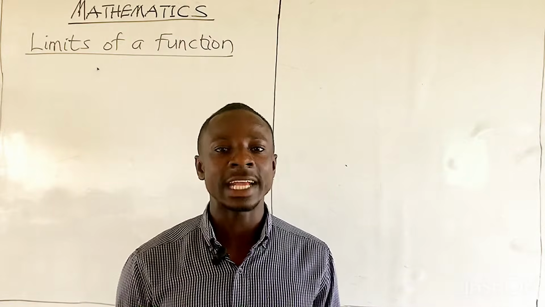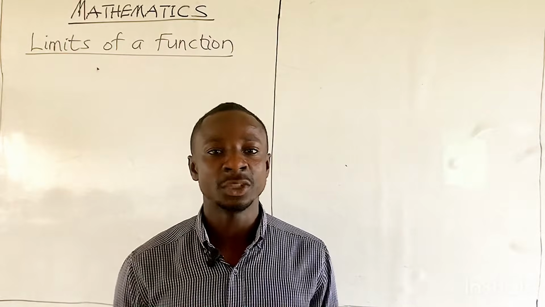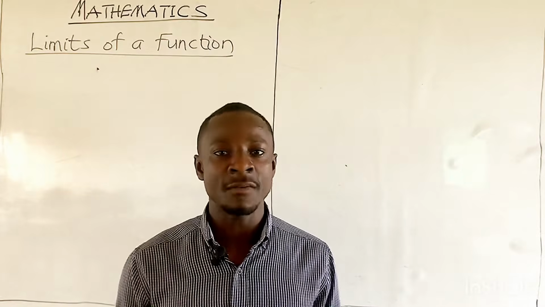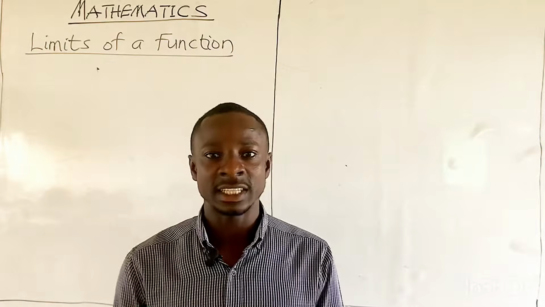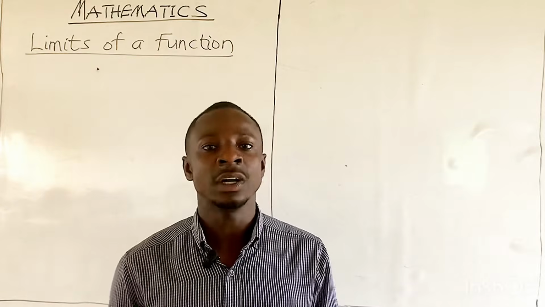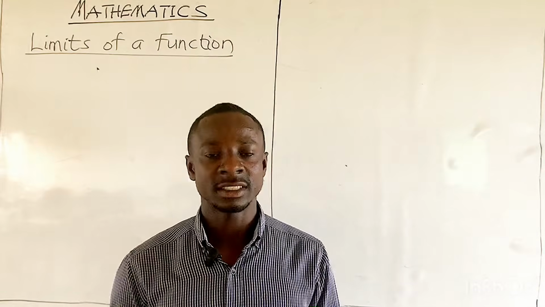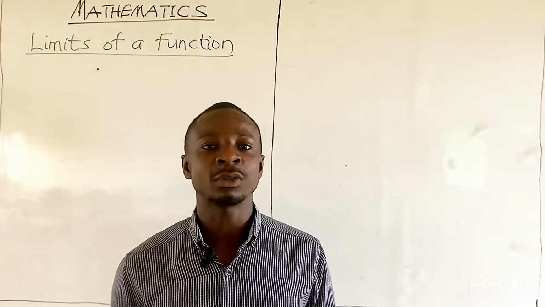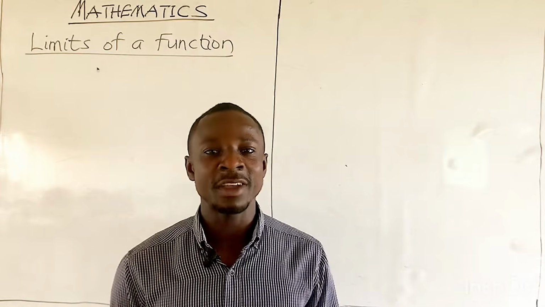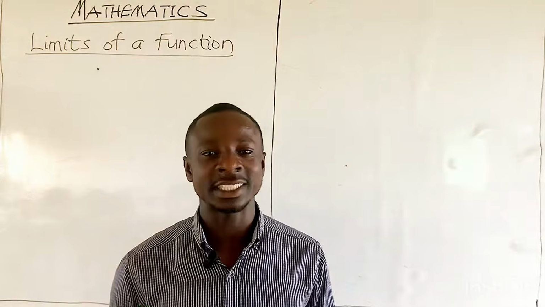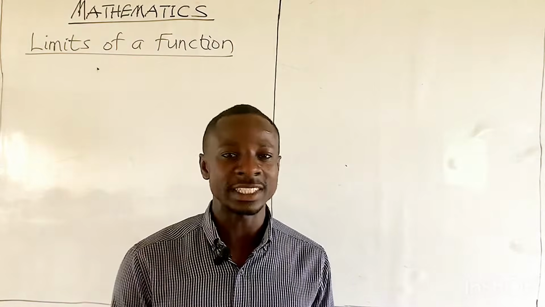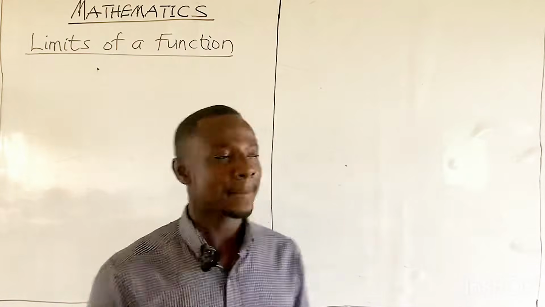So as x increases, you realize that the behavior of f of x also changes, either in the increasing or decreasing direction. As x decreases, the behavior of f of x also increases or decreases.